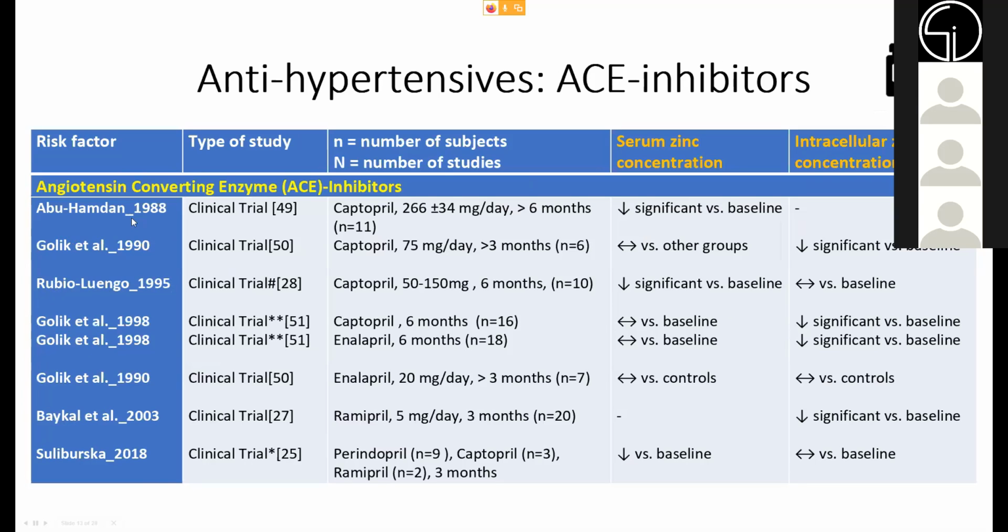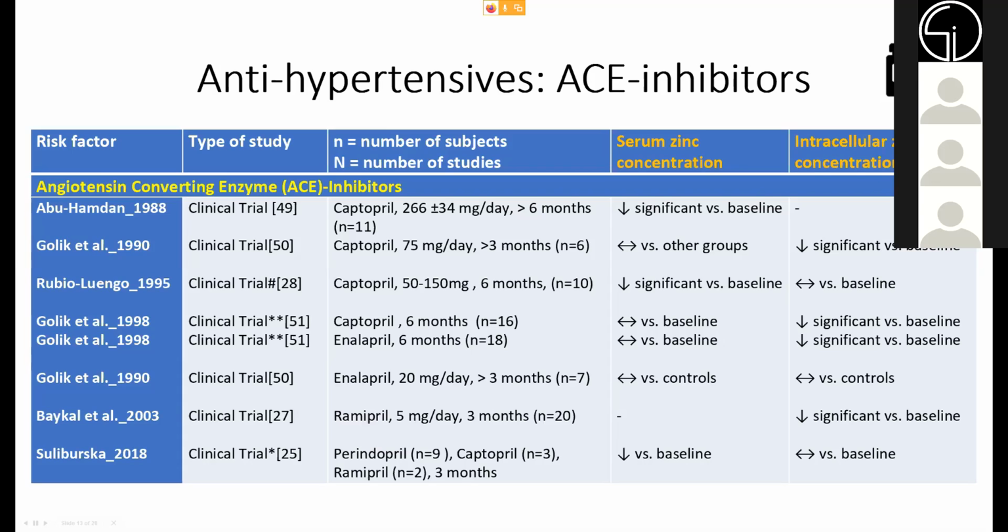Often it is found that, also in the case of ACE inhibitors, there is a significant decrease in serum zinc concentration or intracellular zinc concentration after the use of the drug for about 3 to 6 months. Now, most of the trials did not control the zinc intake, which is very important.